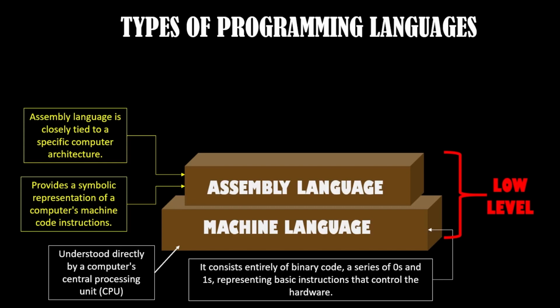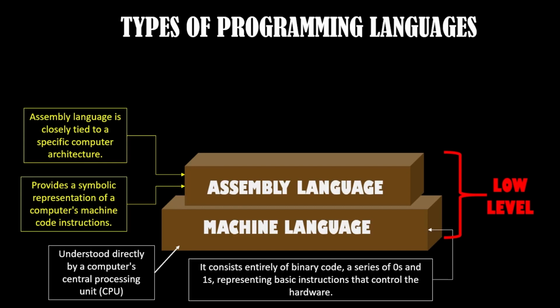Because of this dependency, programs written in an architecture-dependent language may not run correctly, or at all, on different types of hardware without significant modification. Assembly language is a prime example of this, as it uses symbolic instructions that are directly mapped to the machine code instructions of a specific processor architecture.